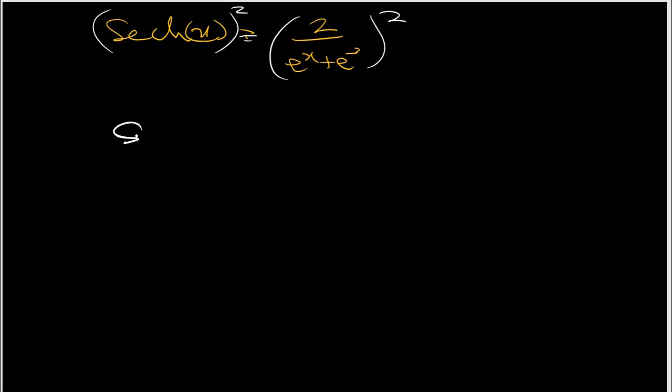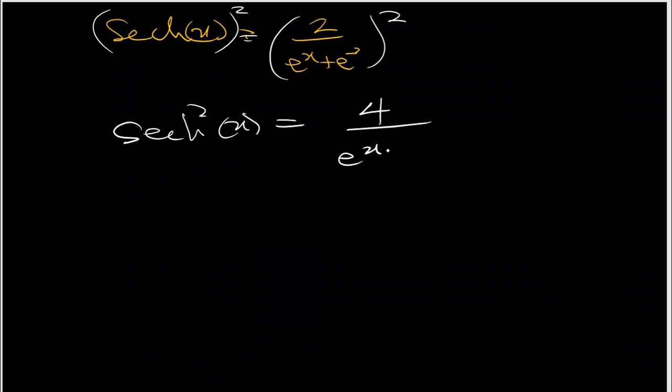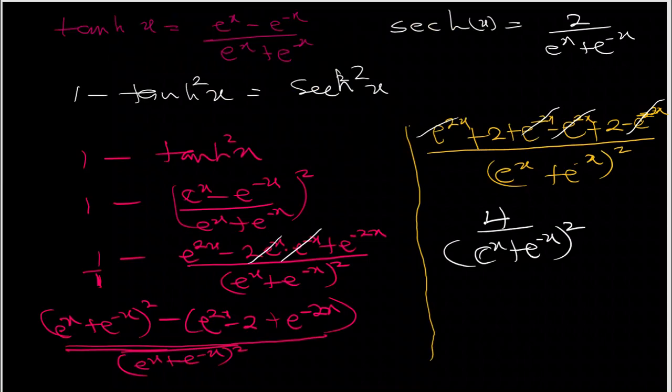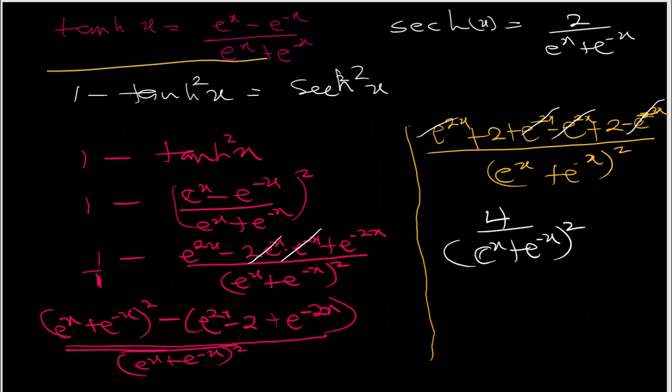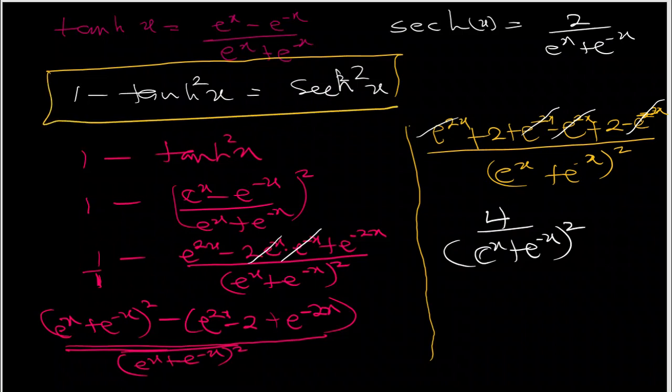So this becomes sech square x equal to 4 over e power x plus e power negative x all squared, and it's exactly the same thing as we had here. So this implies the identity 1 minus tanh square x is actually indeed equal to sech square x.